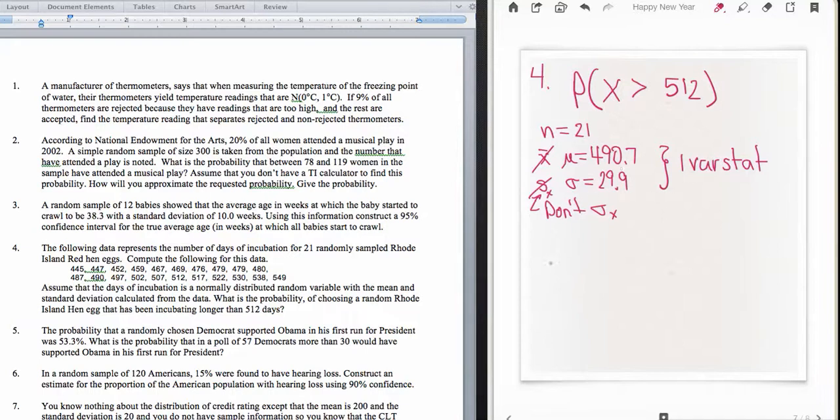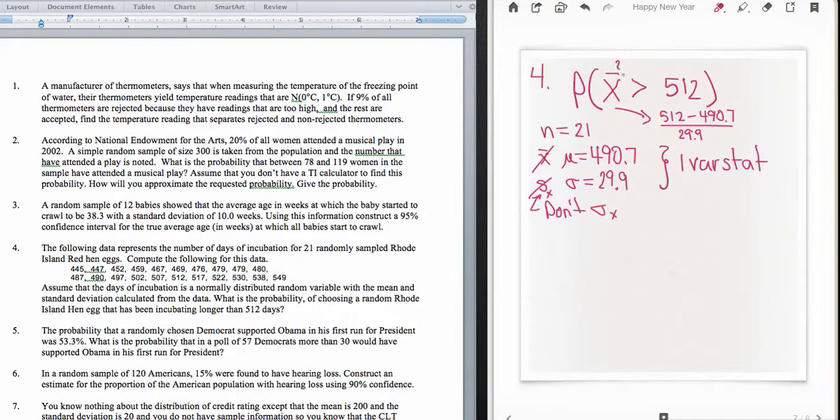So now what I need to do to find this probability is I need to standardize. So I'm going to standardize the x, right? I'm going to take the 512, which is my random variable x, and I'm going to subtract the mean from that, 490.7, and then I'm going to divide it by my standard deviation, 29.9. Now the only other thing that I need to be careful of is I'm asking, is it about x's or is it about x bars?